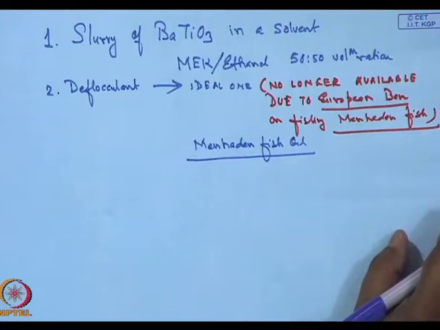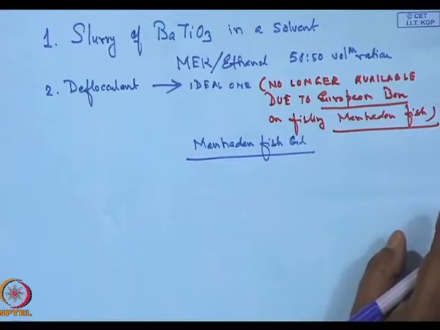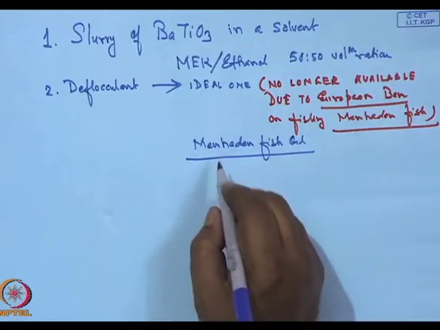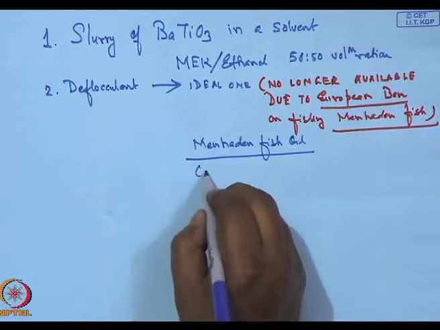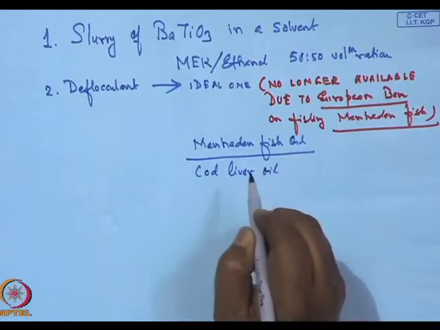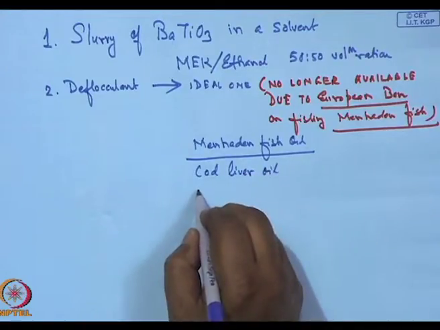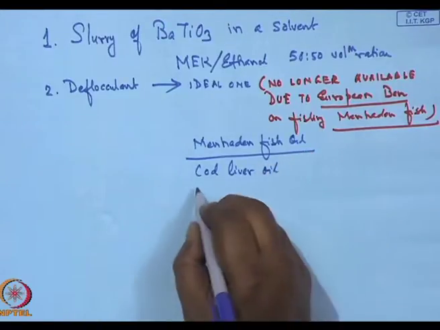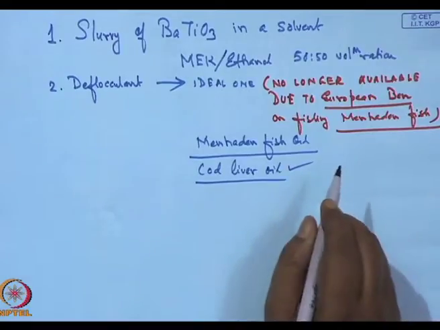Today, instead of Menhaden fish oil, we use a lot of other dispersants. We even try cod liver oil. The best one I try is cod liver oil.